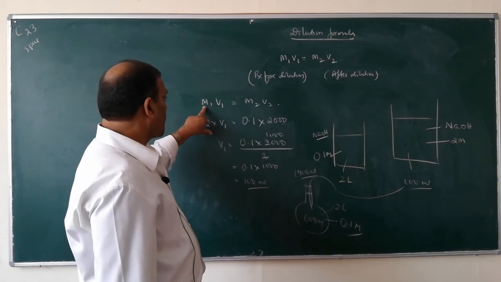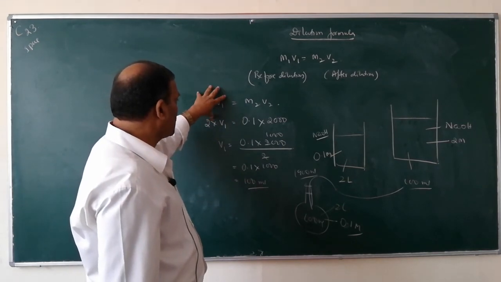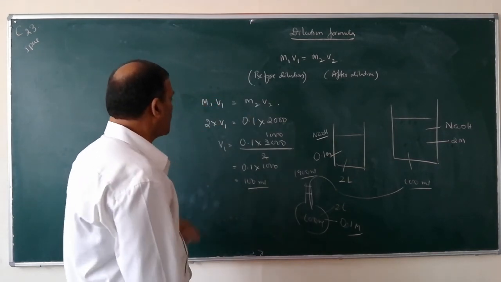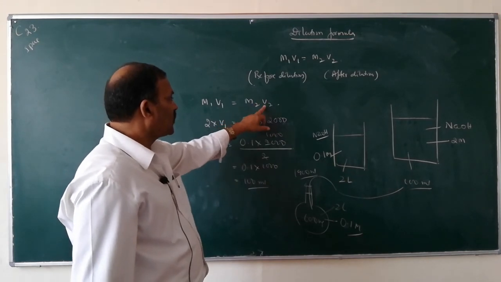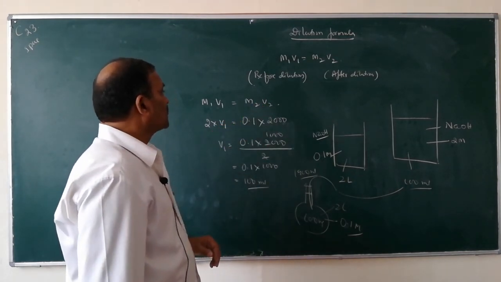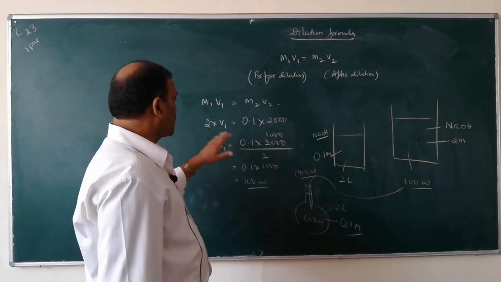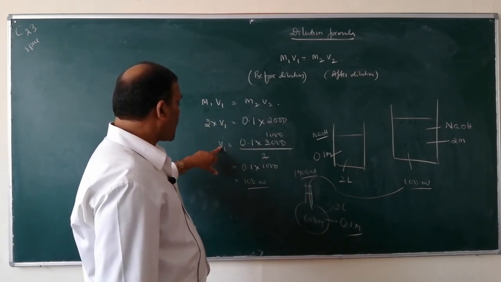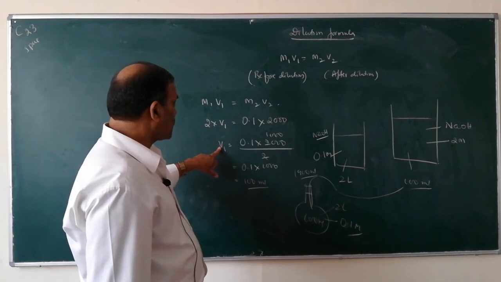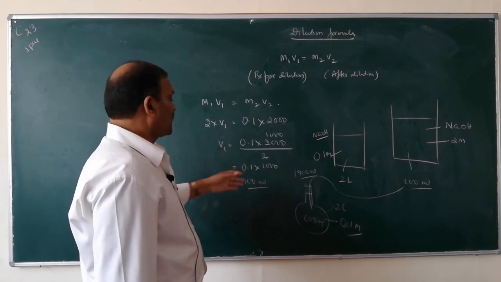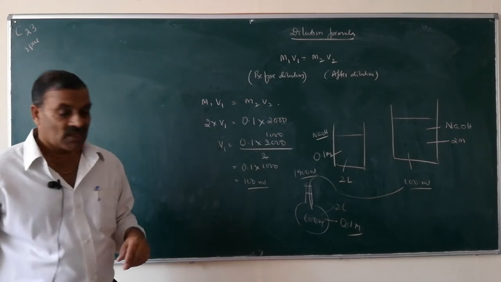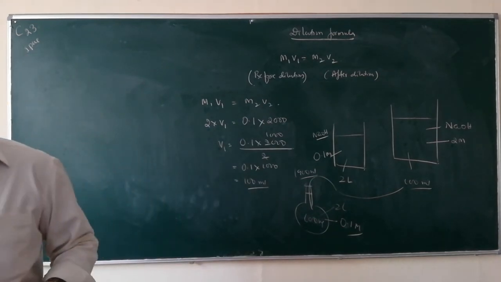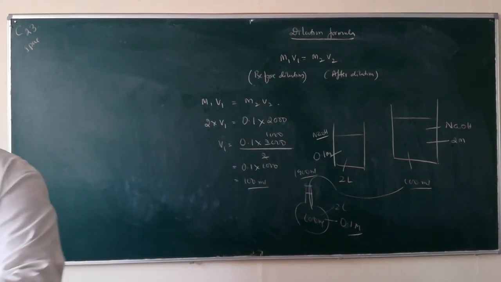This is the molarity and volume of the solution before dilution, and this is the molarity and volume of the solution after dilution. By calculating, we get V1, the amount of concentrated solution required to get 2 liters of 0.1 molar solution.